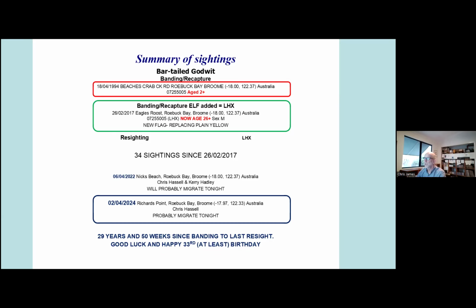I had 34 sightings of it since then. You can see that I've seen it in April when I think it's going to migrate, and I saw it indeed this year in April when I thought it was going to migrate. So it's been 29 years and 50 weeks since it was banded to the last resighting. And we wish it good luck and happy 33rd birthday on the breeding grounds later this year.